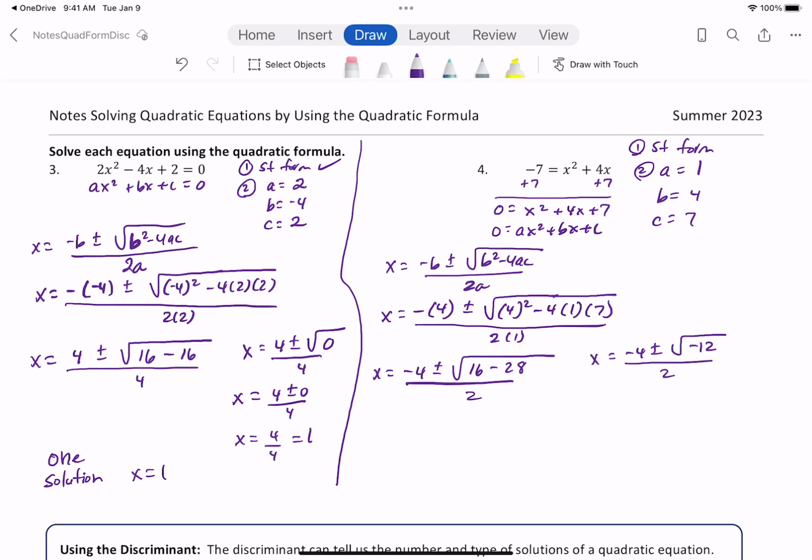So again, this is where we can't forget things that we've already learned. We can have complex solutions when we use the quadratic formula as well. So remember, if we have a negative underneath, we can rewrite it this way. And then we know that the square root of negative 1, by definition, is i.